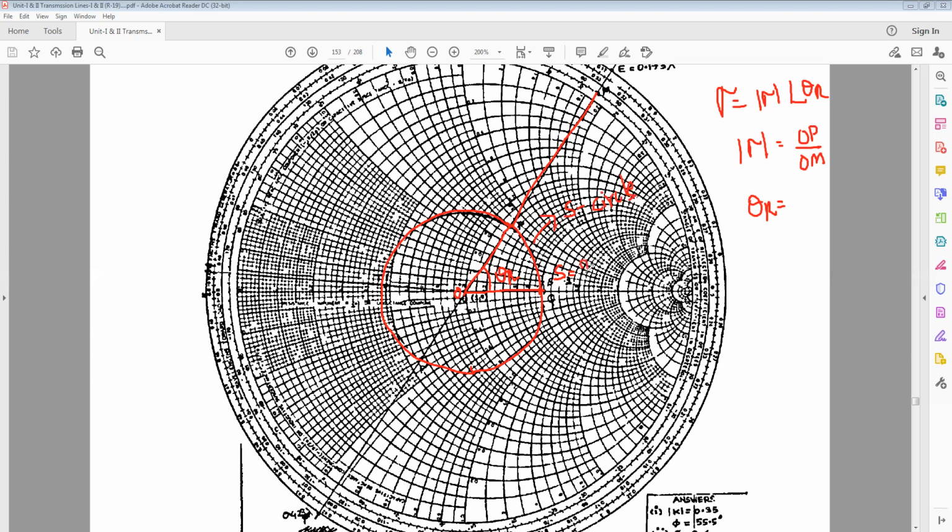S is equal to, theoretically, we got 2 point something. Here we will get 2. Got it, my students? And then we can extend this line.